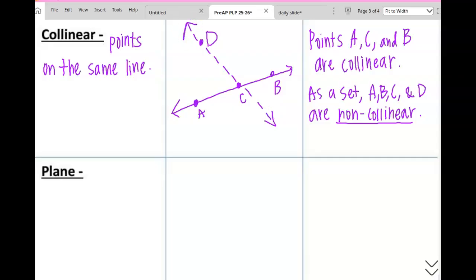D can go through C or it can go through A or B. But now if I think about it technically, D and C, are they collinear or non-collinear? Collinear, because any 2 points create a line. So now you can write it down.